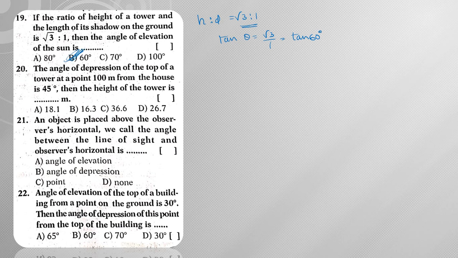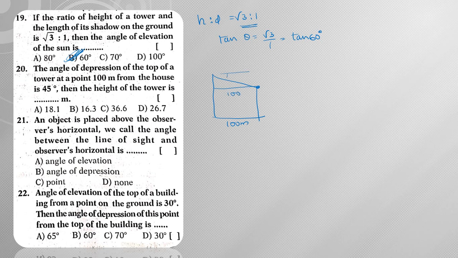Next, the angle of depression of the top of a tower at a point 100 meters from the house is 45 degrees. So whenever you have 45 degrees, then you can apply the condition, right? Now what am I going to get? The angle of depression of the top of a tower at a point 100 meters from the house is 45 degrees.